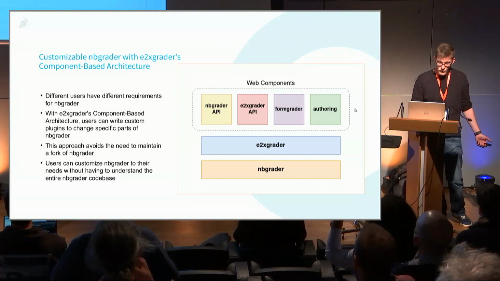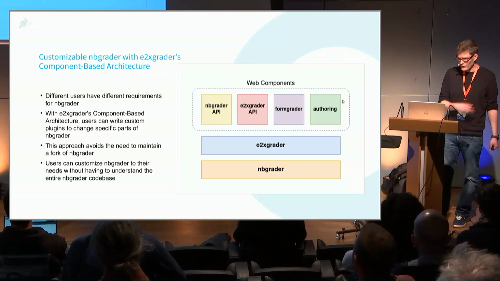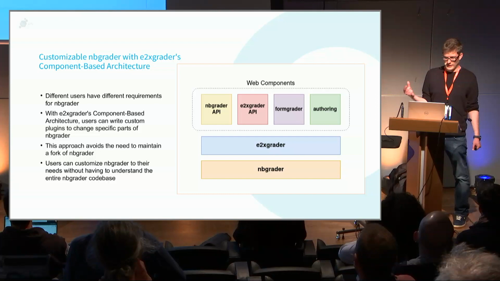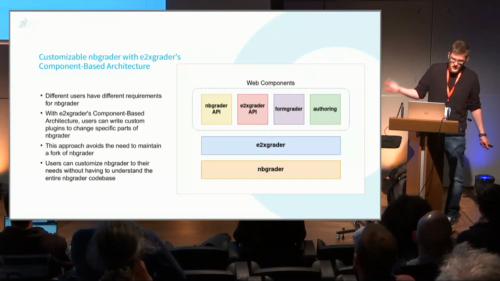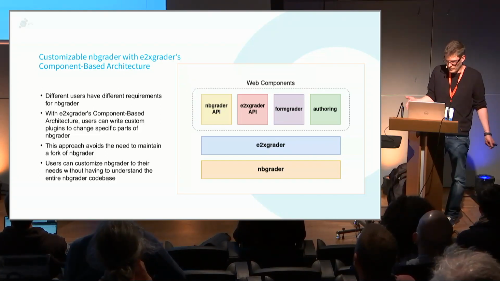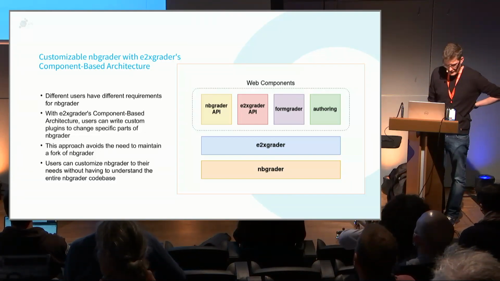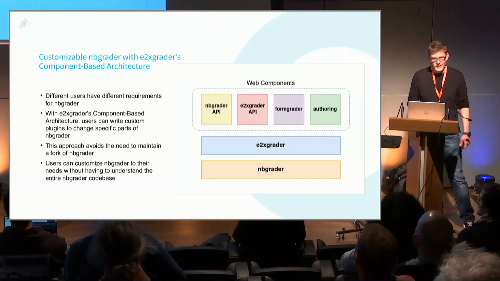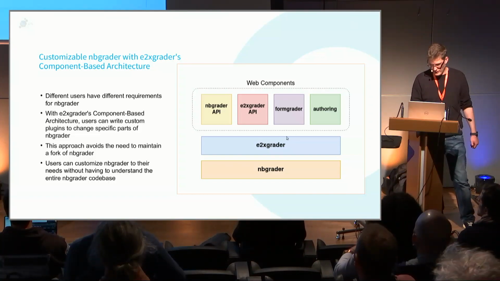And this is our new authoring component, which I will show you later. And you can on the fly switch components by putting them in the Nbgrader config. And you don't have to install anything. You have to restart your server, but then it's there, right? So you can also rapidly develop it on an existing JupyterHub. And the nice thing is, if you want to change something, you just have to change this little part and don't need to understand anything below that.